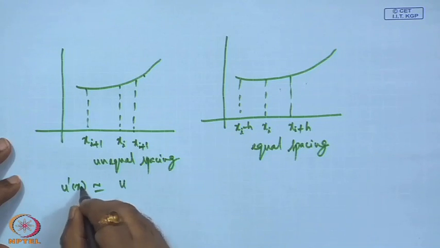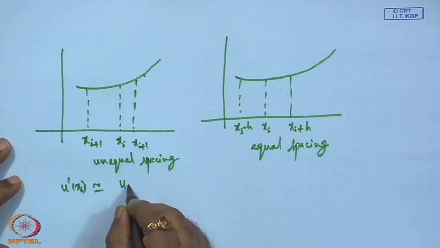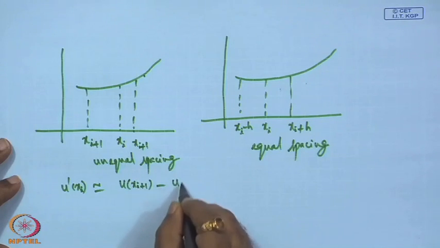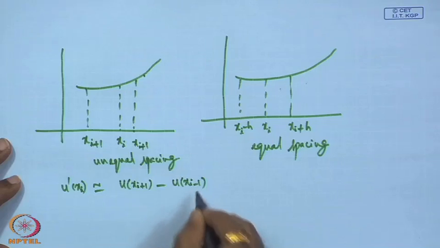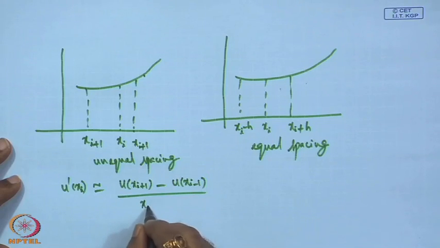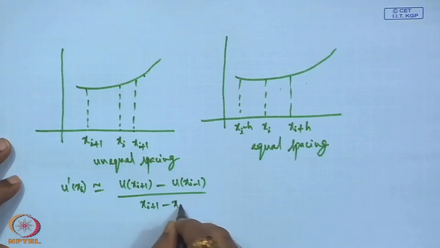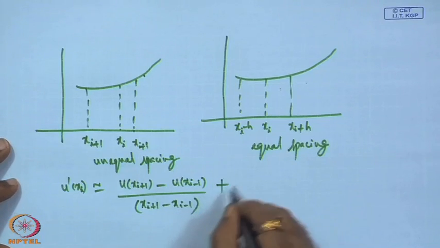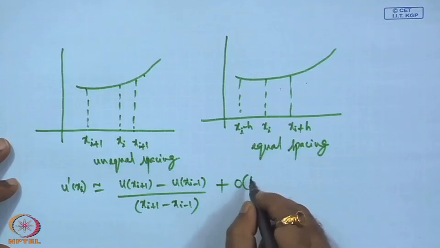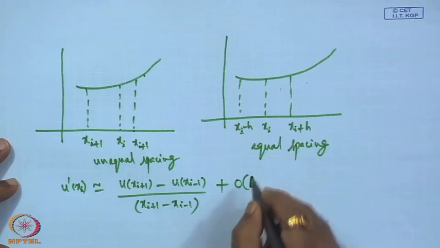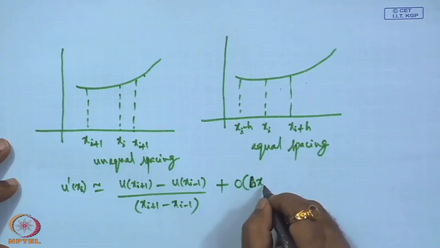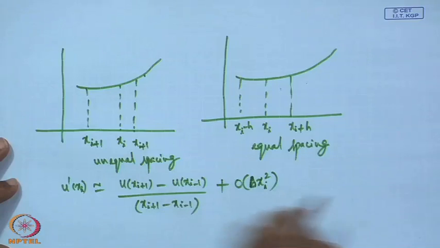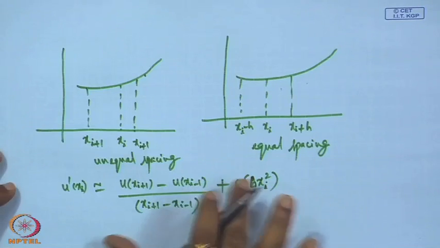U at x_i is, okay. So, this is delta x_i increment squared. Okay. So, this is a generalization.